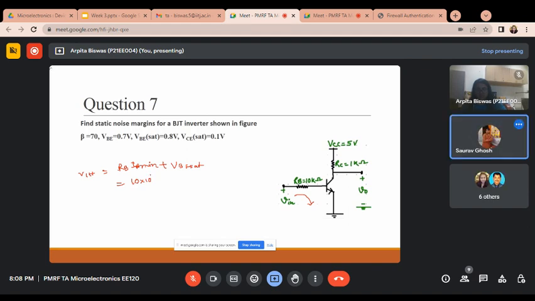10 kilo ohm. RB is 10 to the power 3, IB is 0.07 and 10 to the power minus 3, then VBE plus 0.8. So it will come as 1.5 volt.